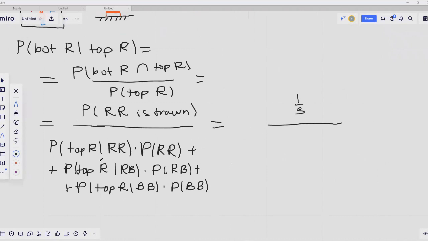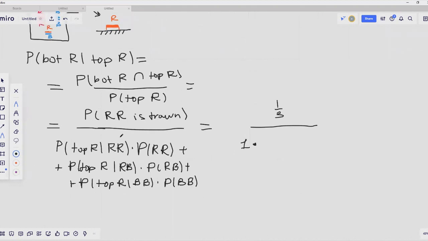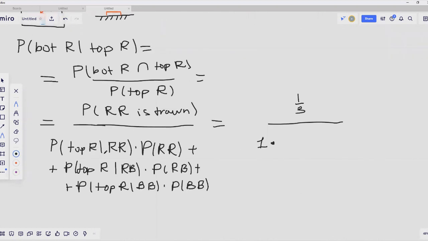Now, the probability that the top is red given that the red-red chip is drawn is equal to 1, since both sides of that chip are going to be red, meaning that the top will automatically be red.